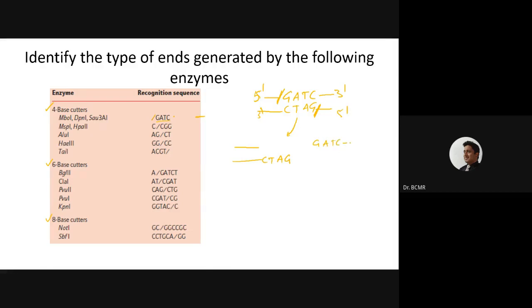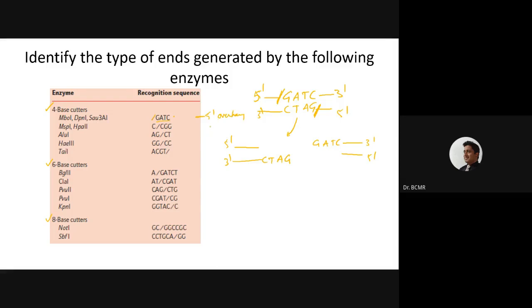That's right. What we are going to always do, the first thing is to work it out. As we work it out, we will get more clarity, and that will be easier. So MboI, DpnI, or Sau3AI, they generate a 5' overhang.